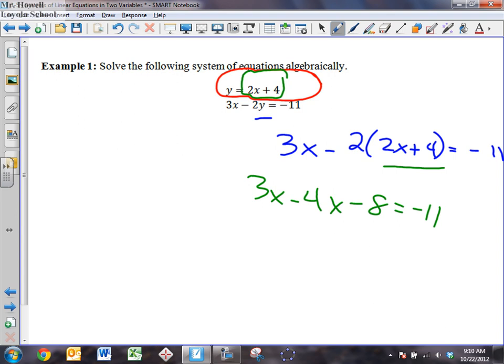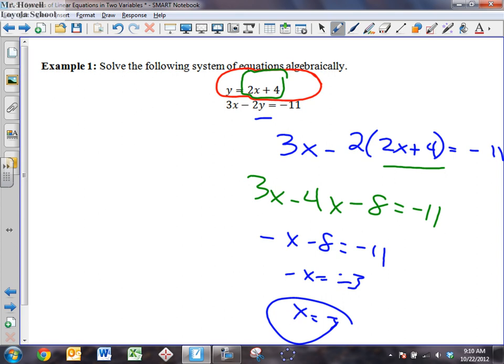Then what do I have to do? Good. Negative x equals negative 3, yielding x equals 3.